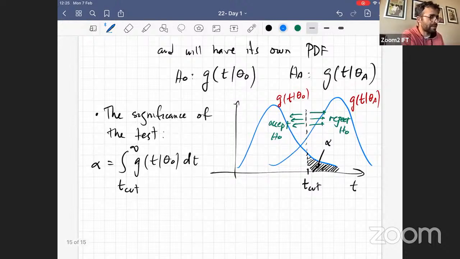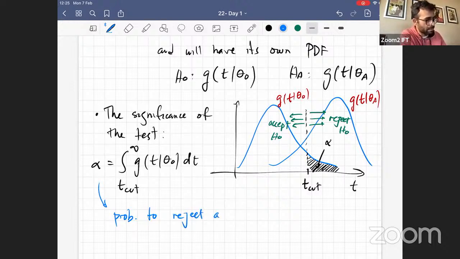And then what is the interpretation of this alpha? The interpretation of this alpha is nothing but the probability to reject H0 while H0 is true, right?